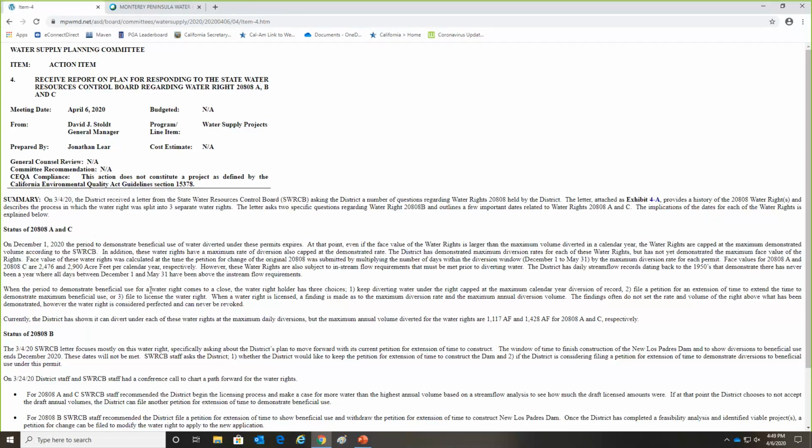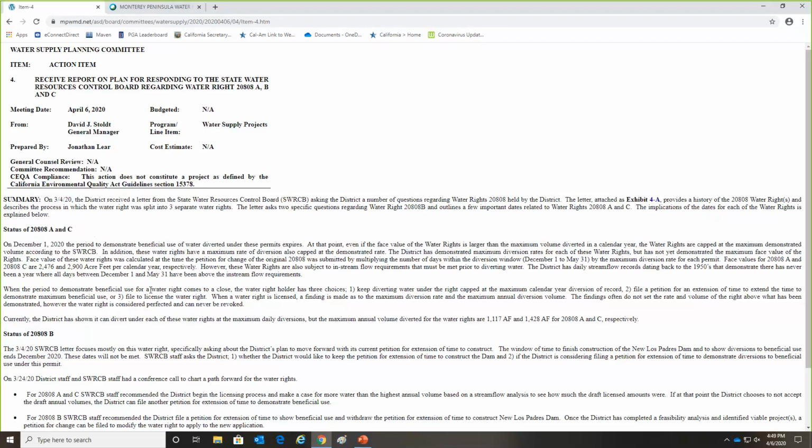The specific point they wanted to raise was, do you think this dam will be built? If you do, you have the right petition. If you do not think it's going to be built, you have the wrong petition on this water right, and you need a petition that holds the water right open for beneficial use.